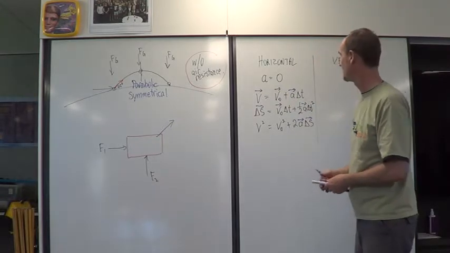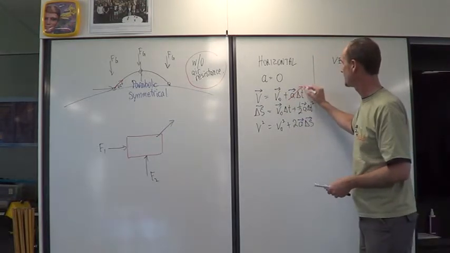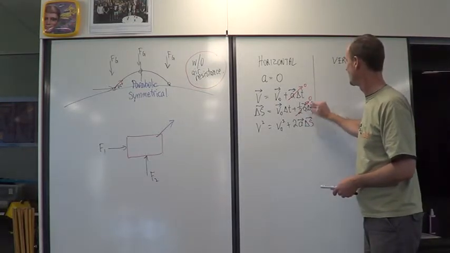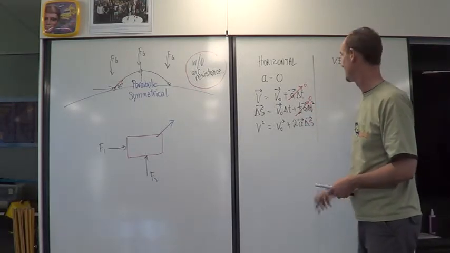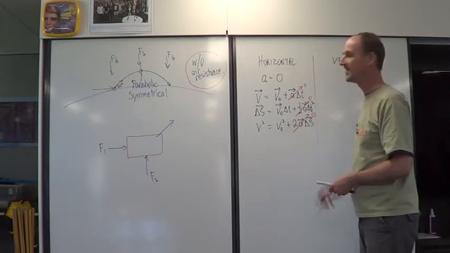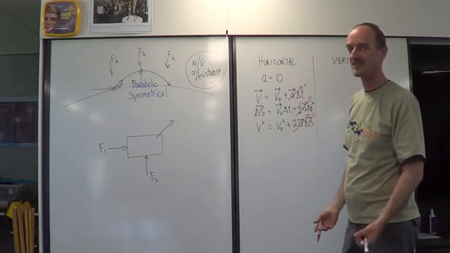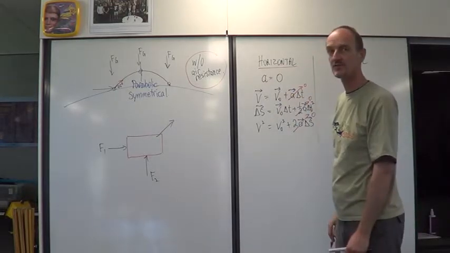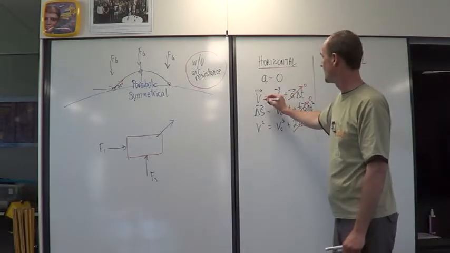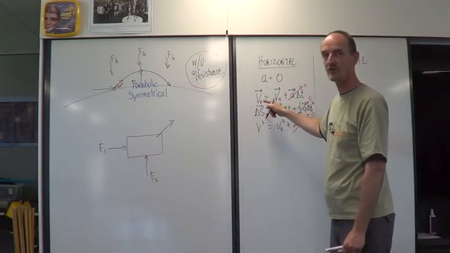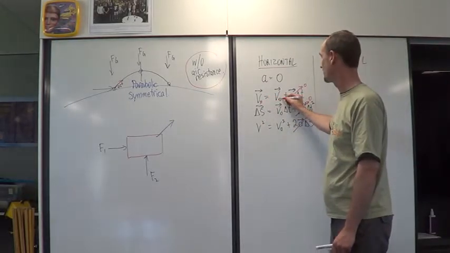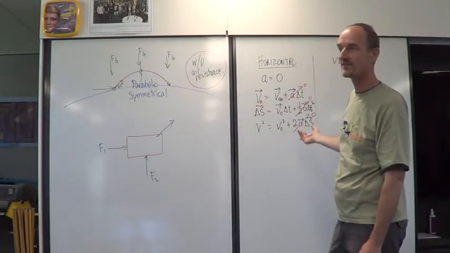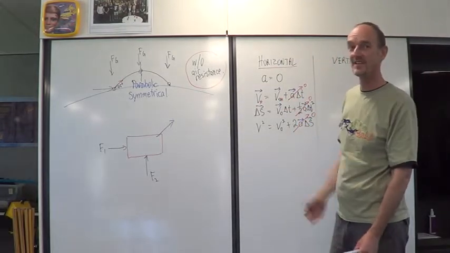So that means that this is 0, this is also 0, and this is also 0. Alright, so all we're left with is in the horizontal direction, the final horizontal velocity is equal to the initial horizontal velocity. Well, that's not saying anything profound, it just means it's moving at a constant velocity.